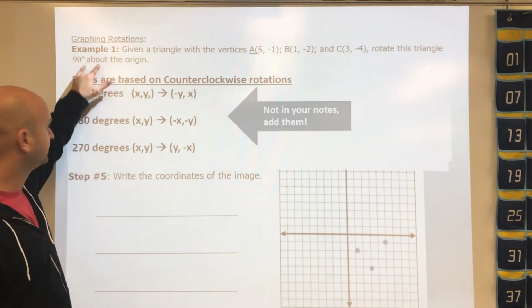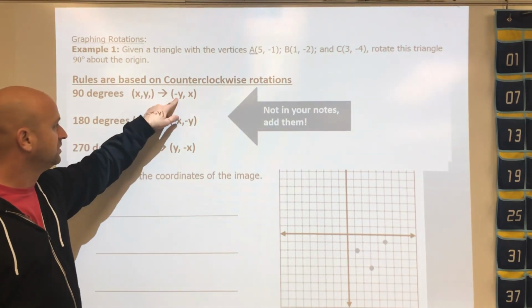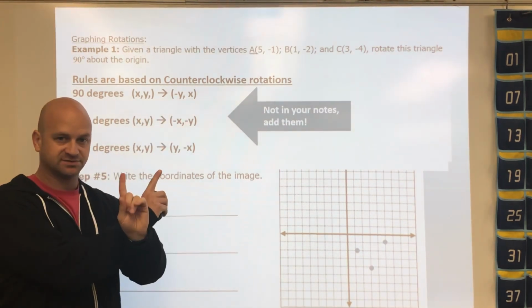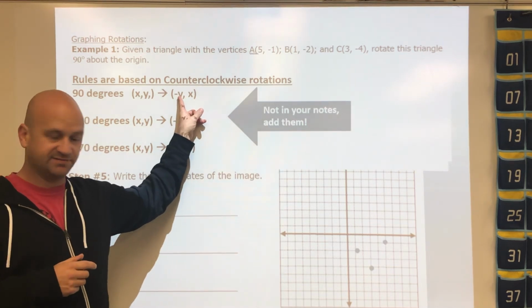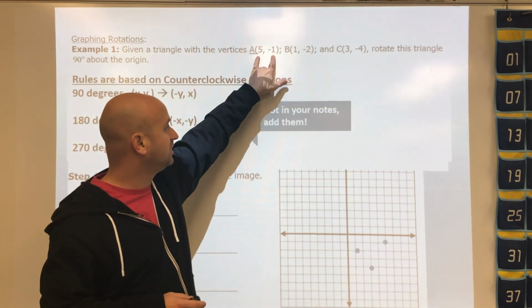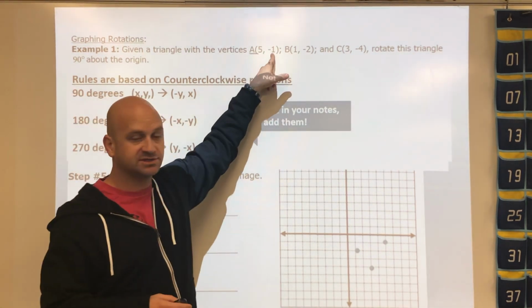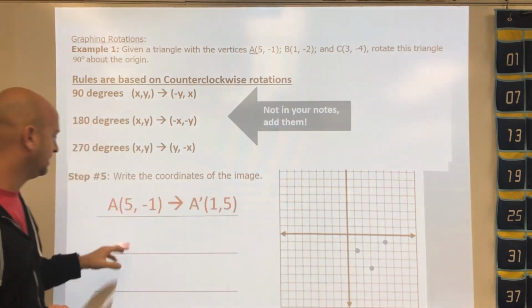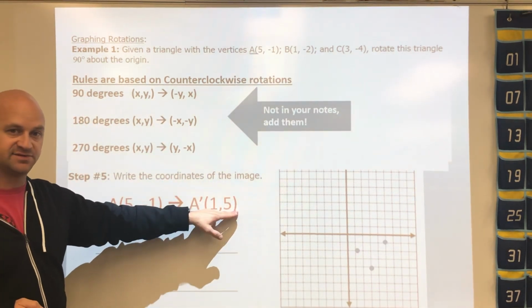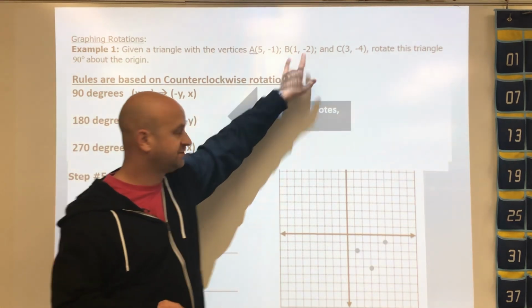For 90 degrees, which we're going to use, we take our original x and y coordinates, switch places of the coordinates, and then change the sign of the y value. For point A, for example, it's -1, so we switch locations and the y value changes. This should be +1, +5. For B, it's 1, -2.